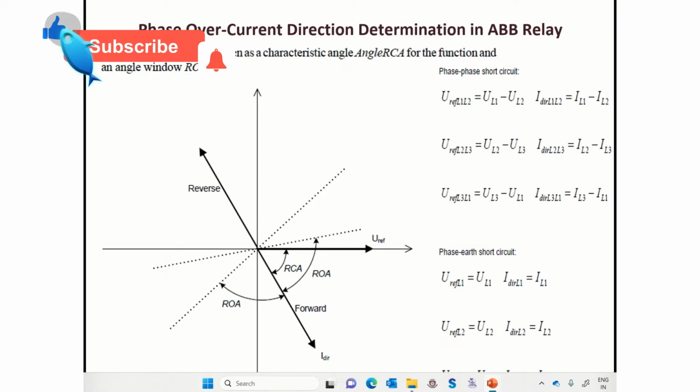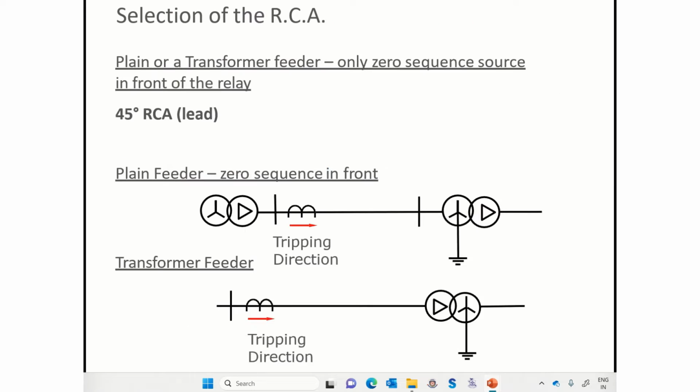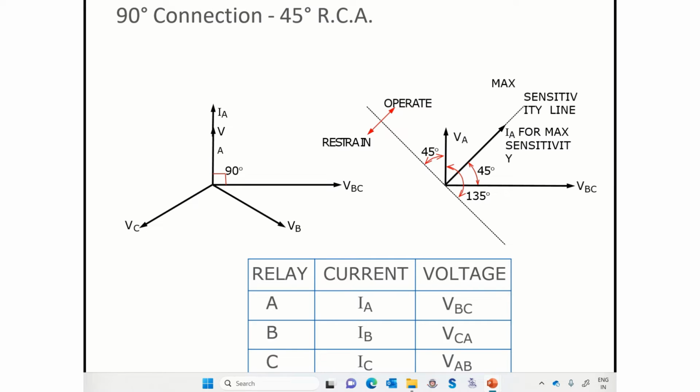But if you recall from our previous session, we have already discussed that for RCA, it is only terminology that we can say it is leading or lagging, depending upon which voltage we are checking. For example, for the A phase fault, if this is a 45 degree RCA, you can also say that this 45 is, in reference to VA, lagging. So in reference to VA, we can say minus 45.